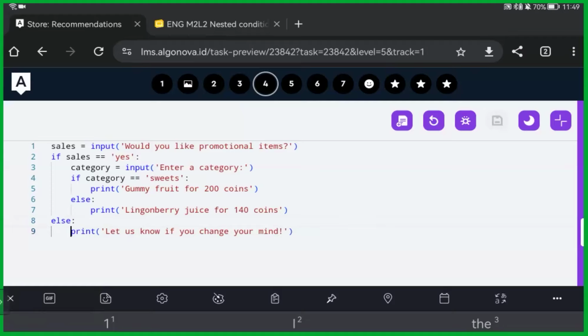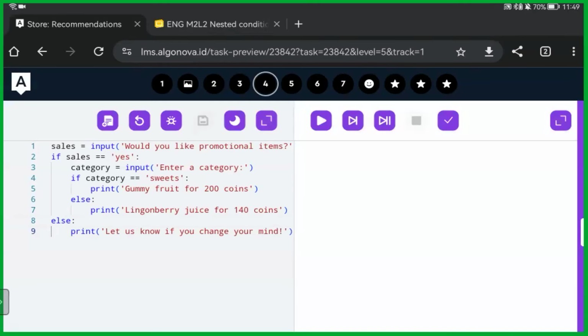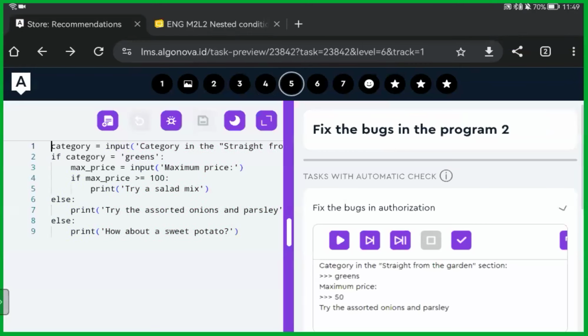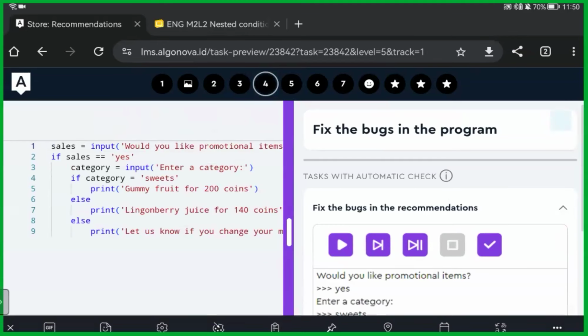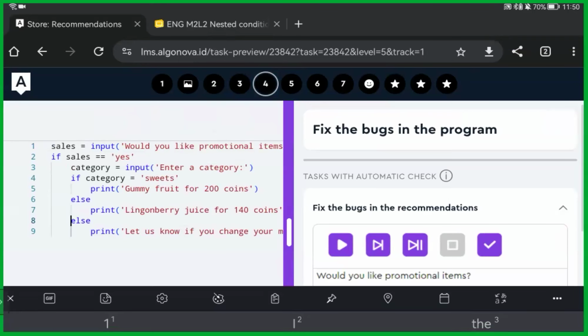Are there any questions or are you still confused? No. Okay, let's try to run it then. Okay, so what is it? Oh sorry. Let's fix it again. I think there's a mistake.